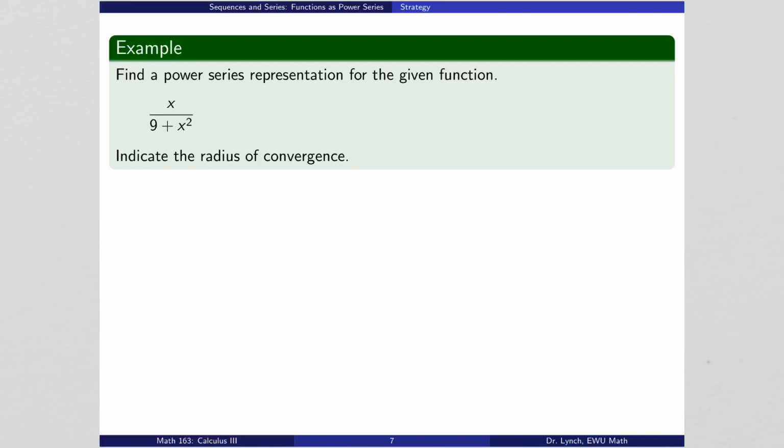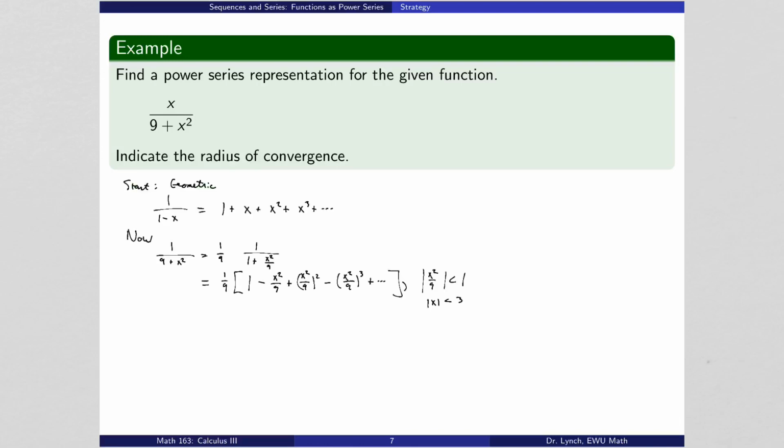One more example, let's go ahead and find a power series for this function, x over 9 plus x squared. Now you can see that this is a little bit different because it has a 9 instead of a 1 in that spot, and we'll have to deal with that accordingly with a familiar multiply-divide trick. So starting with the geometric series, we can see that 1 over 9 plus x squared is the same as 1/9 times 1 over the quantity 1 plus x squared over 9.